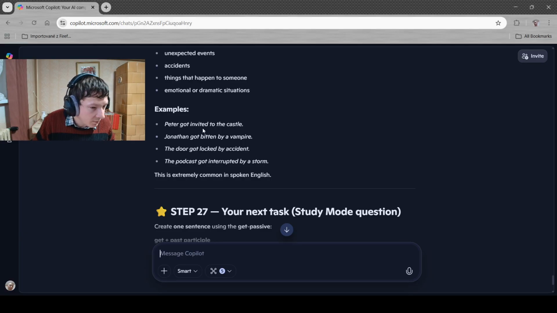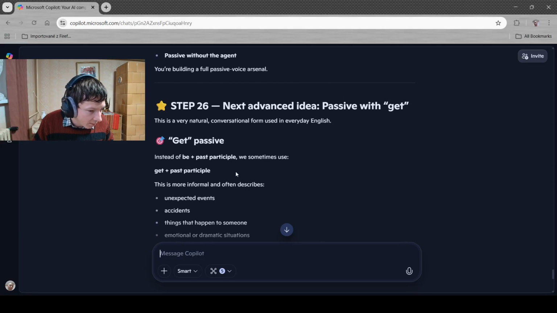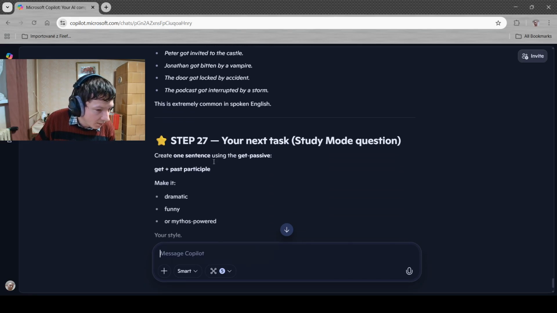Examples: Peter got invited to the castle. Jonathan got bitten by a vampire. The door got locked by accident. The podcast got interrupted by a storm. This is extremely common in spoken English. Get plus past participle, get passive. This is easy.